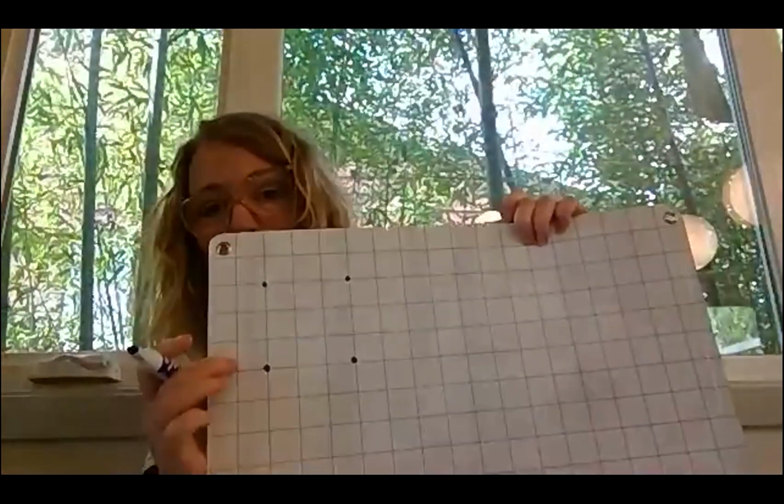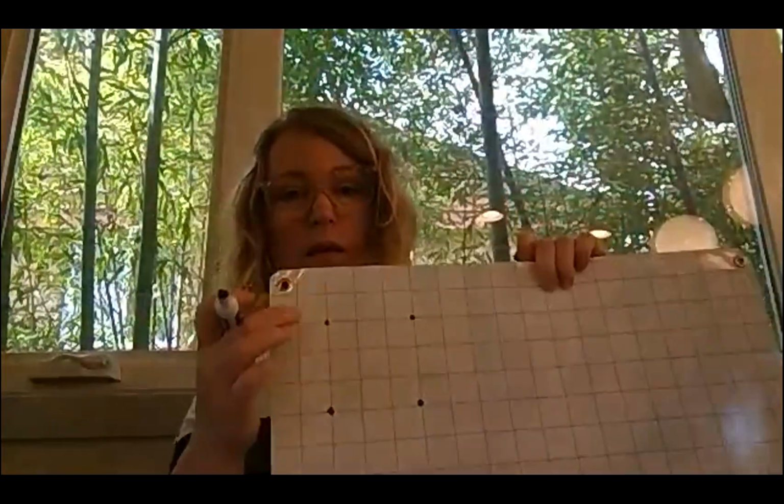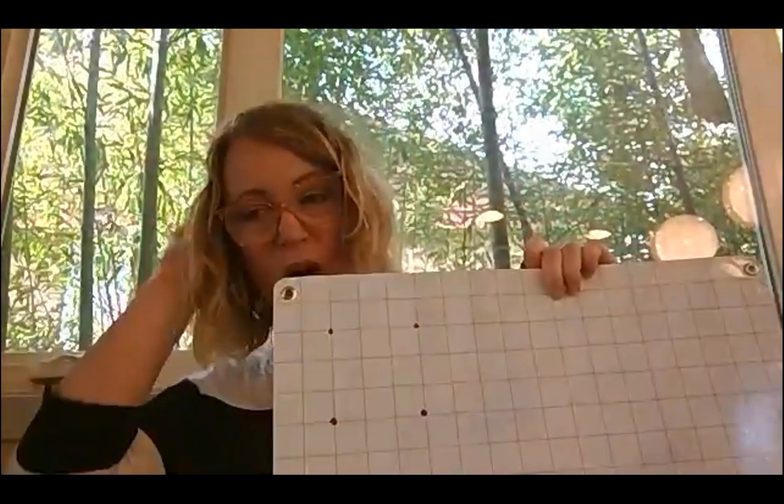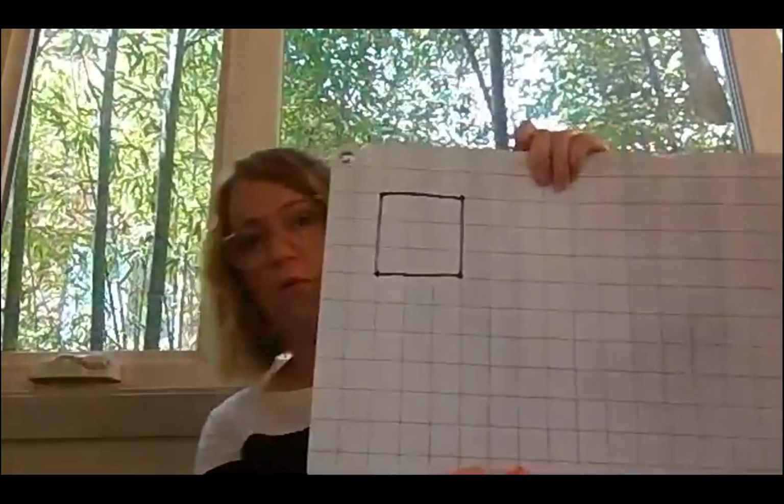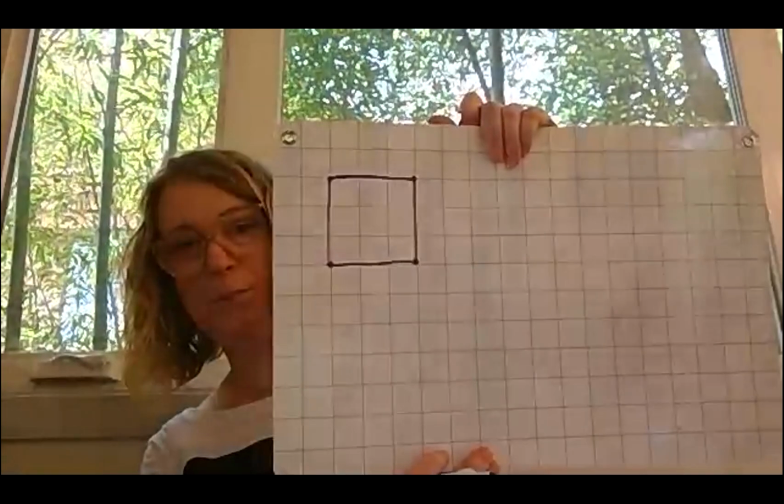Here I've put 4 dots, 1, 2, 3, 4, because a quadrilateral has 4 sides and 4 vertices. So I put the vertices down first, and now I'm going to connect the dots and draw the sides. And voila, what shape is that? That's right. This shape is a square. A square is a quadrilateral.